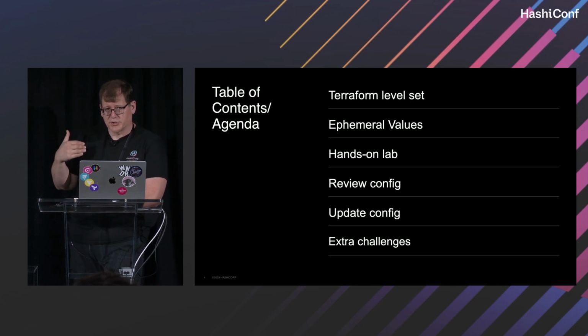And then there are some more extra challenges, which is going to be the real hands-on part of the lab, where, as long as you have a laptop and a web connection, you're going to be able to get in there and you'll have access to a Vault Enterprise instance. There'll be a series of different challenges, creating namespaces and things like that. You're going to be able to go in there and use that for a little bit.